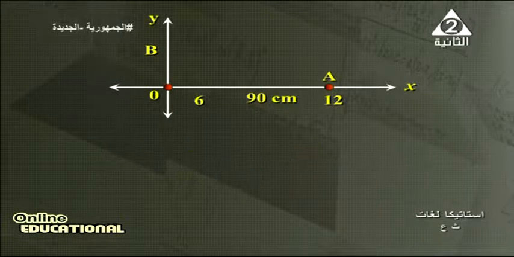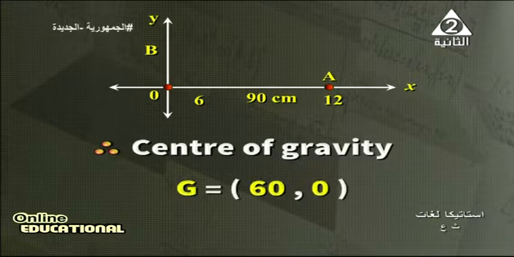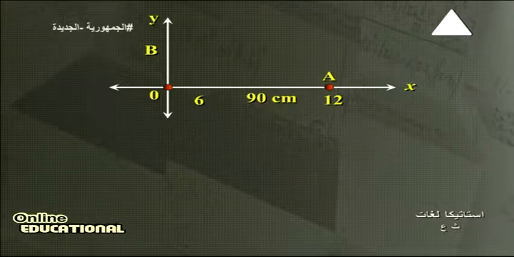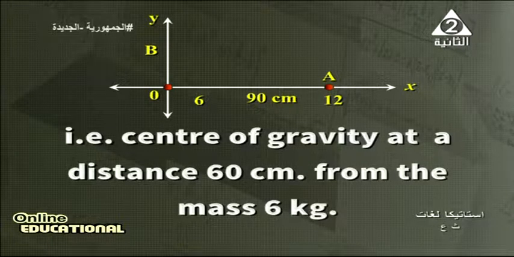Then we deduce that, my dear student, center of gravity g, its coordinate 6, 0 from the origin point O. Means center of gravity at distance 6 centimeter from mass 6 kilogram or 3 centimeter from mass at point A or 12 kilogram.